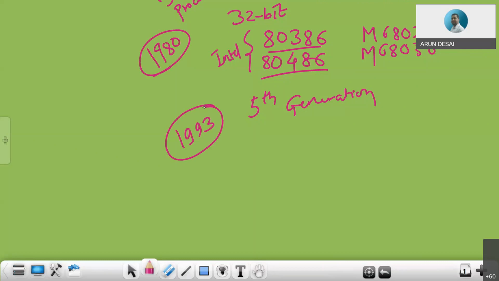What is the basic difference is they introduced Intel Pentium processors in this fifth generation, right? So from the 80586 series, generally what they did is they started keeping the name Pentium. So Intel Pentium processors, rather Intel Pentium processors they introduced in fifth generation.